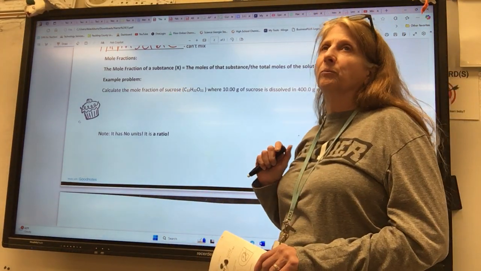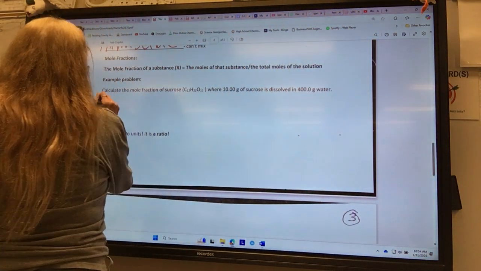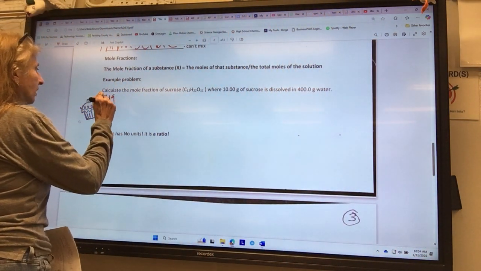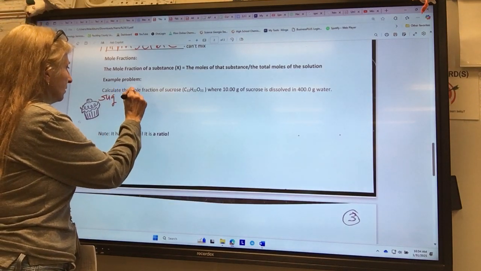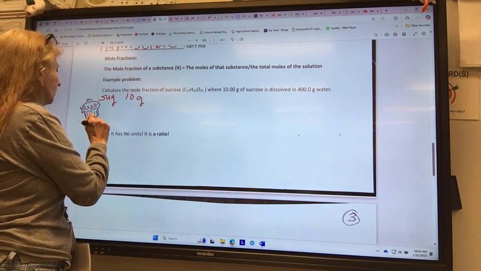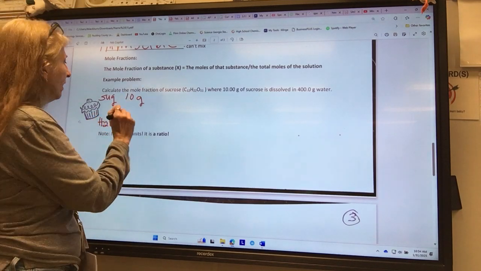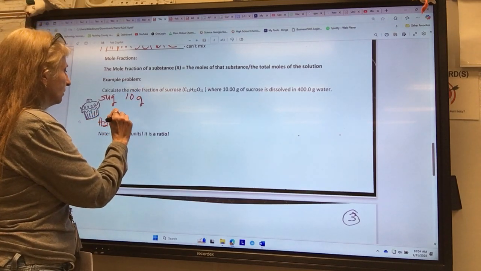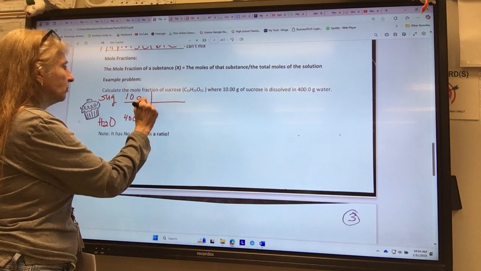So what are we going to convert to? Moles. So we're going to convert both. We're going to convert the sugar, we have 10 grams of sugar, and we're going to convert the water, H2O, and we have 400 grams of water. We're just going to do a quick little conversion.